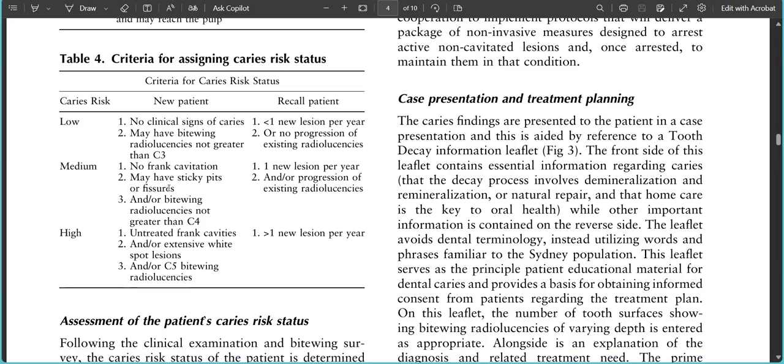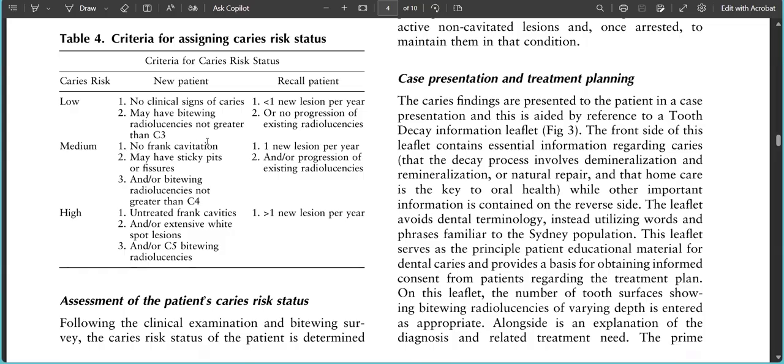But if the patient has no frank cavitation, but they do have some sticky pits or fissures, and bite wing radiolucencies not greater than C4, it will be considered medium risk. One new lesion per year or progression of existing radiolucency will also be medium risk.